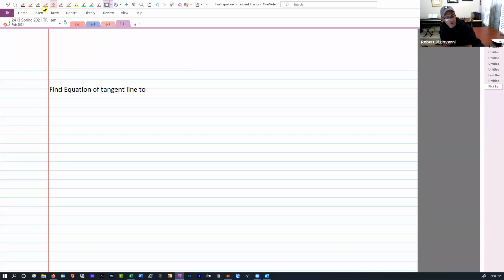I'll write it as a function this time instead of y equals. I just put f of x equals 2x plus 1 over 3 minus x at the point 2, 5.